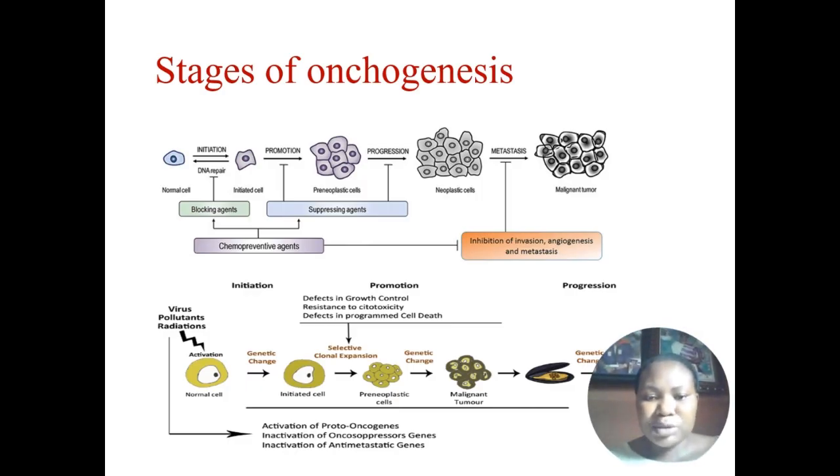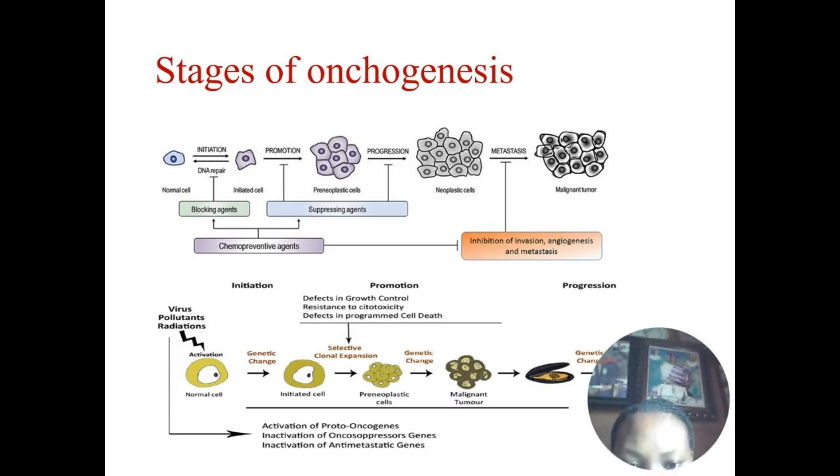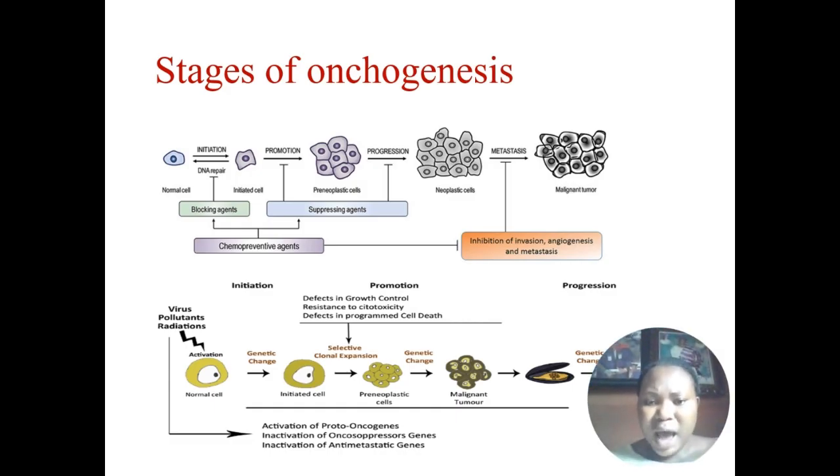It progresses into the neoplastic cells, and also goes to metastasis, spreading to neighboring parts of the body. So the stages start from initiation, then promotion to the pro-neoplastic cells, and then to the neoplastic cells, which are the cancerous cells.